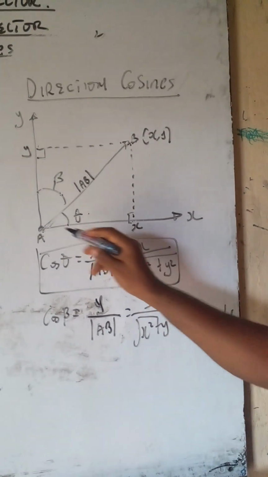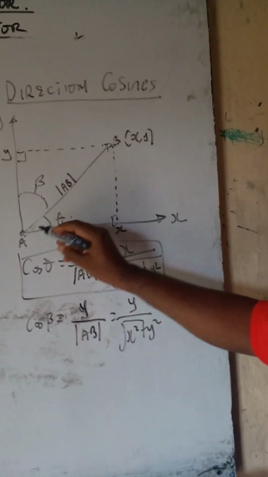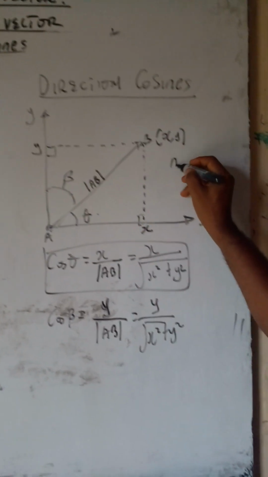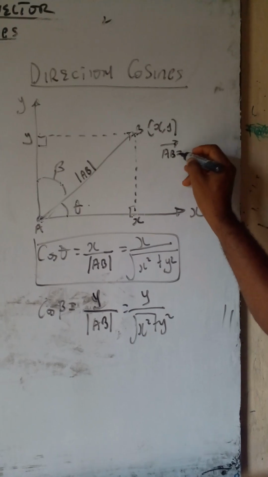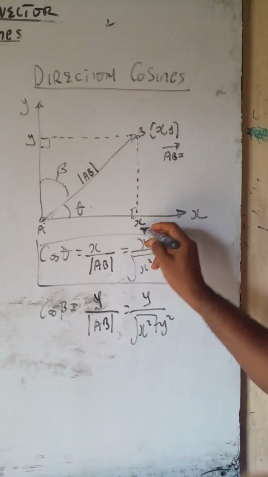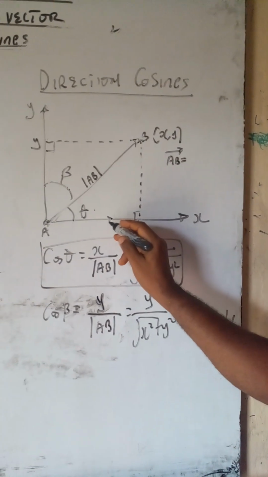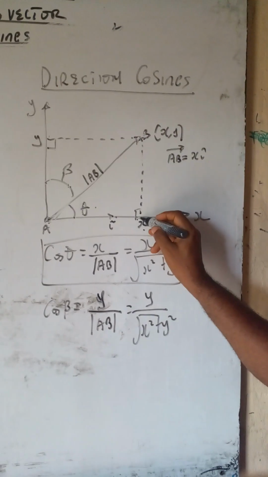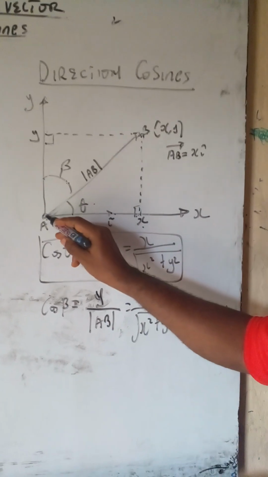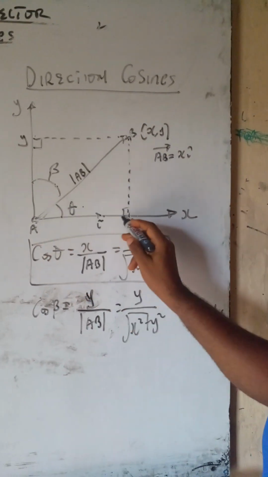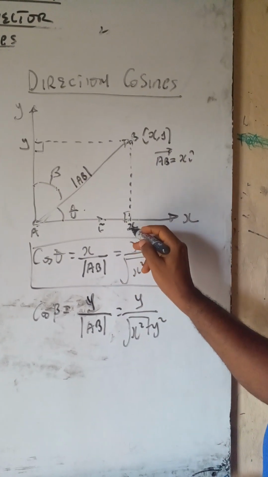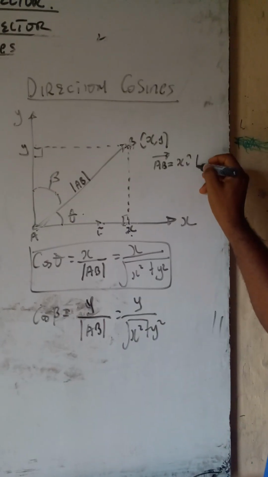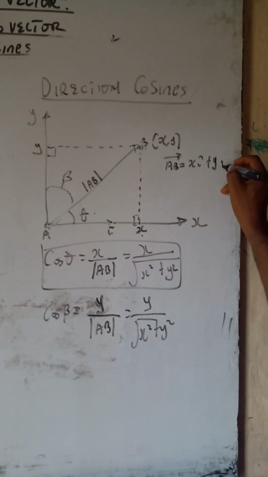So in a nutshell, if I want to write vector AB out, it's as if I'm moving from point A to the terminal point B. I'm moving from here to here, which is x, and the direction I'm moving along the x-axis is i, so I will write it as xi. Then I move along the y direction by y units, so I'll write it as plus yj.